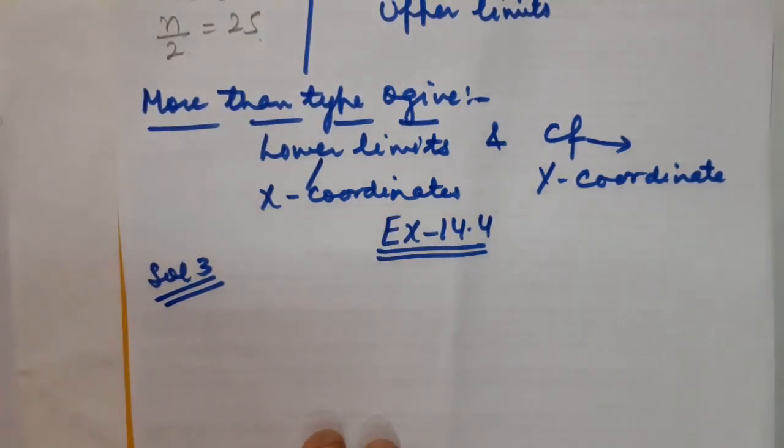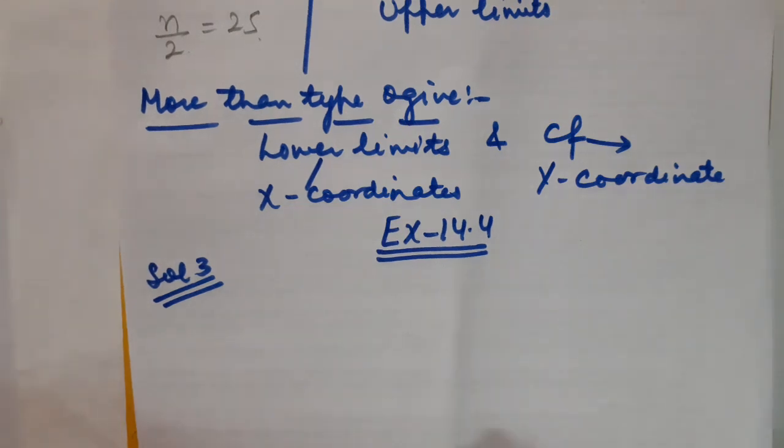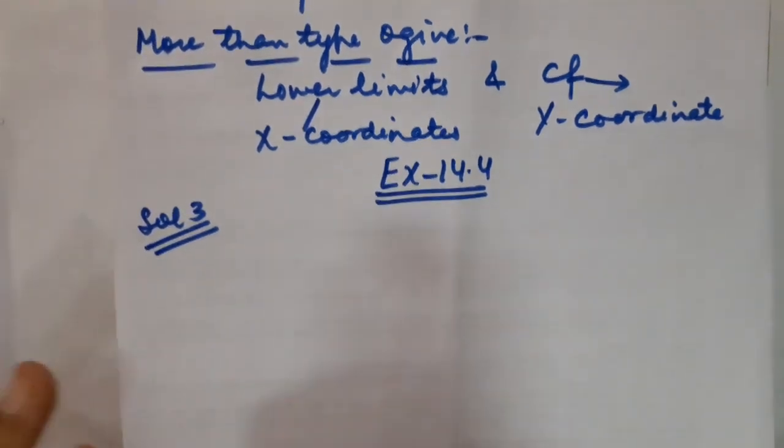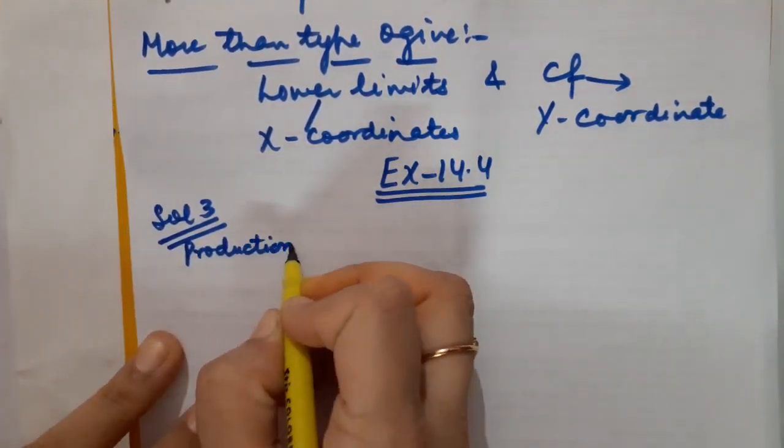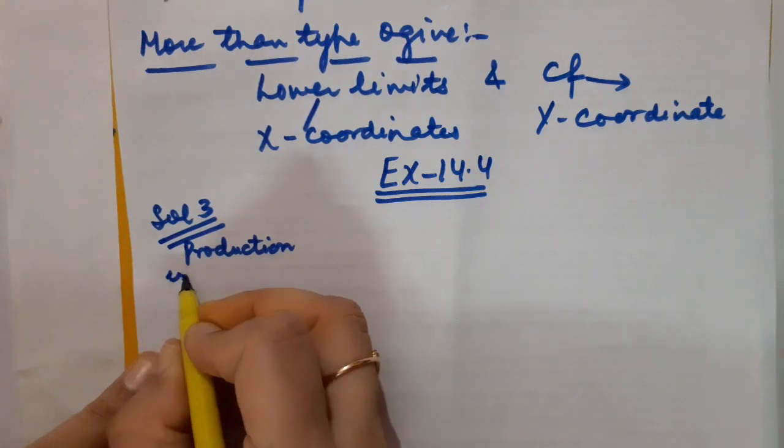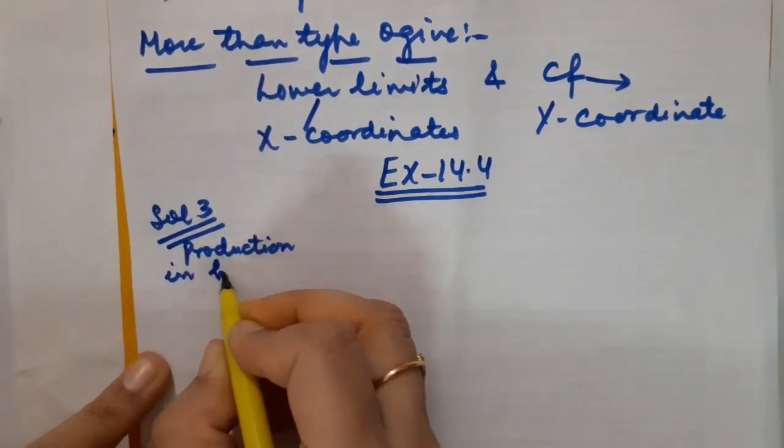The following table gives the production yield per hectare of wheat of 100 farms of a village. So we will be having the production given. This is production and it is given in hectare.